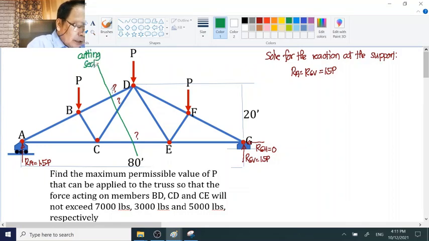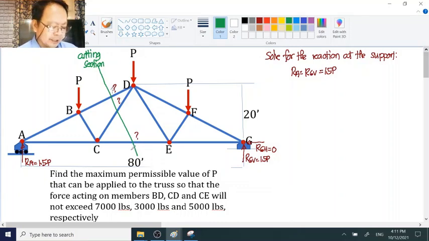Then ang next nating gagawin ay mag-decide tayo kung alin bang part ng cutting section ang ating gagamitin bilang free body diagram. And meron tayong suggestion on how you're going to select. Okay, the first suggestion that we should consider is to look for the part that is simpler.